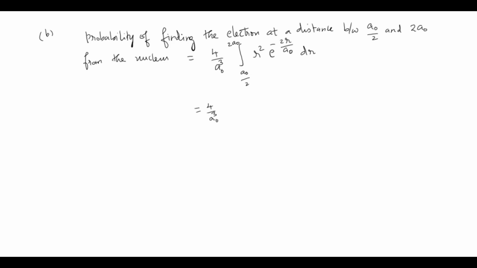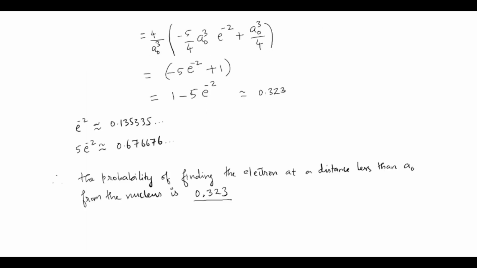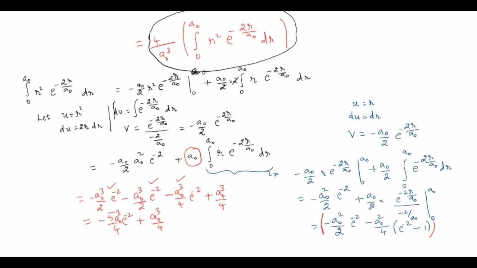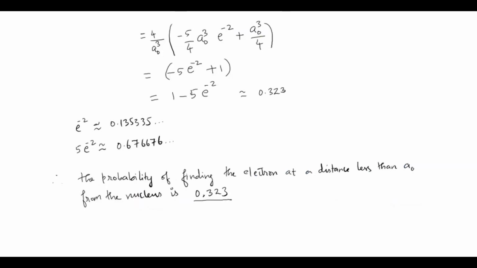So this becomes similar calculations, similar calculation like this. First we have to do integral by parts. When we do integral by parts, you will get these results. So let me write down the results here.